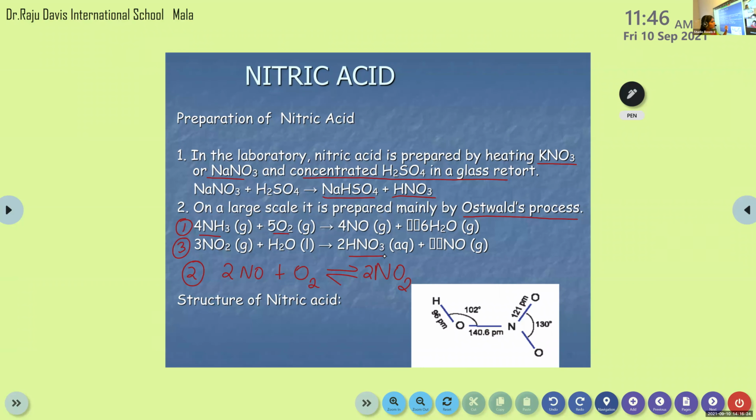This will be used again for the second step. Here in the third step, along with nitric acid, NO is produced, that is nitric oxide. This nitric oxide is used again for the second step for the production of nitrogen dioxide. So the maximum yield will be obtained. Clear?